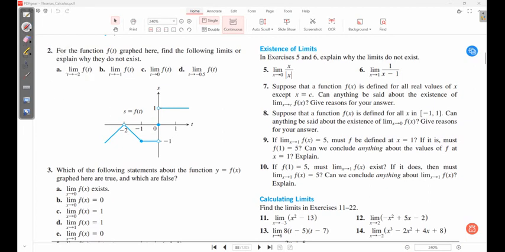So as we are approaching -2, this point, what's the value of y?